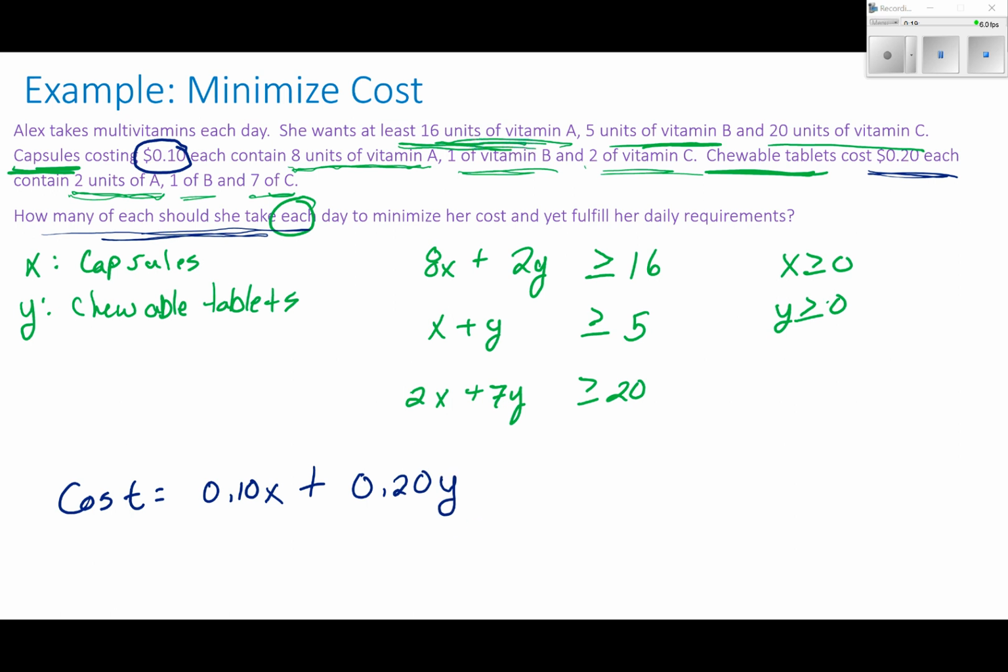That's going to represent my cost objective function, which I ultimately would work with. So the hardest part on these is pulling out the necessary information, creating your constraints, creating your objective function. Once you have the constraints, you can graph that, identify the vertices, test all of those vertices in your objective function. This one was a minimize one, so we're going to look for the smallest number, and then that will be our solution.